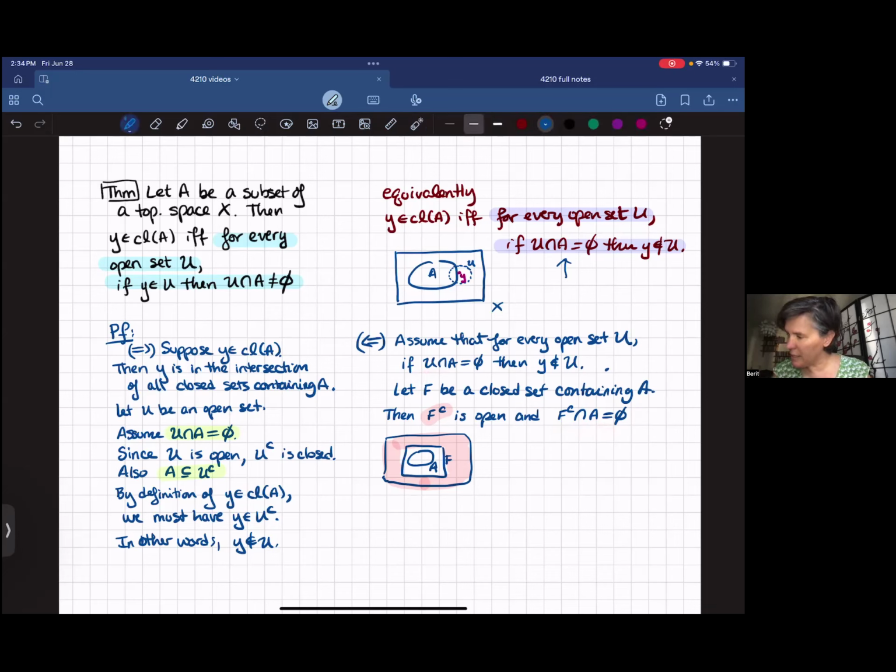So if this, then this is true. So by hypothesis, Y is not an element of F complement.